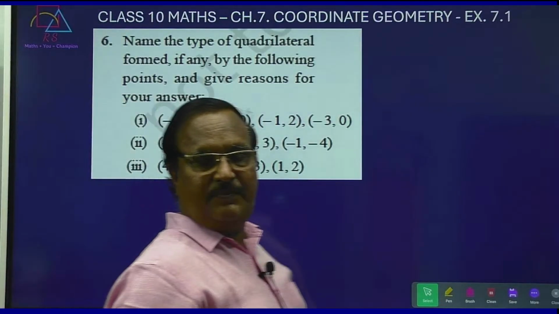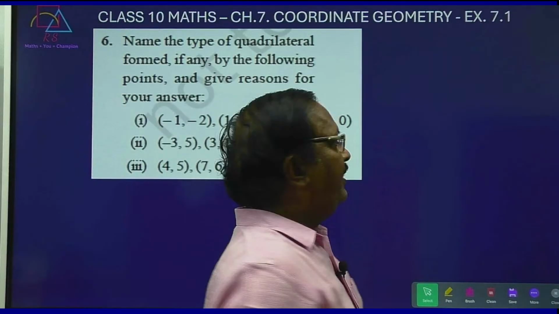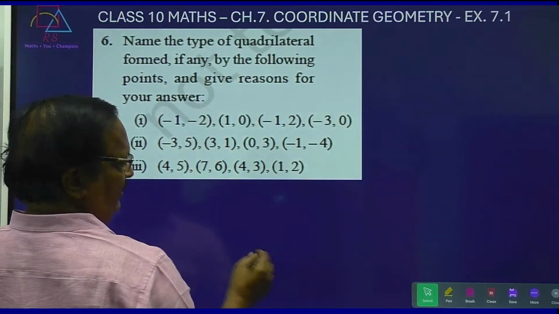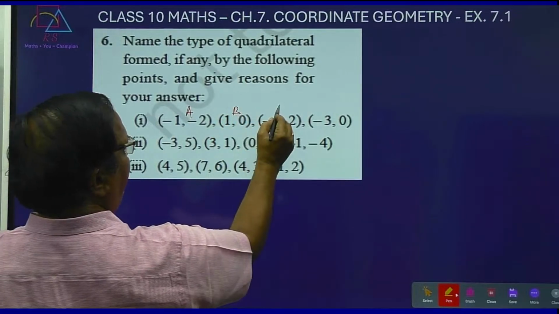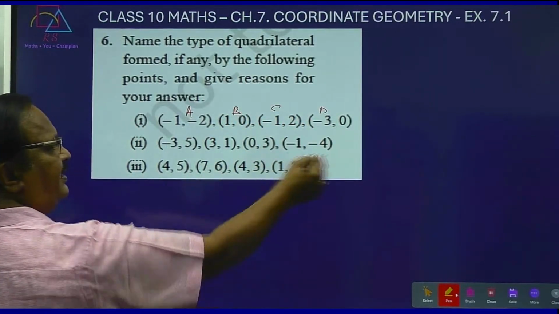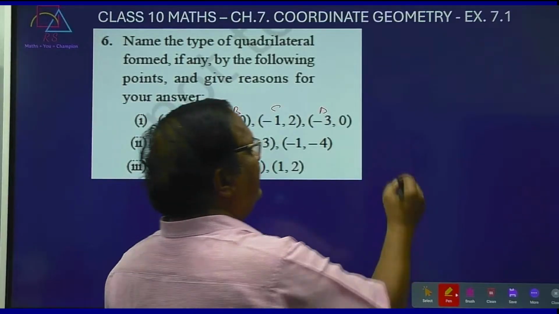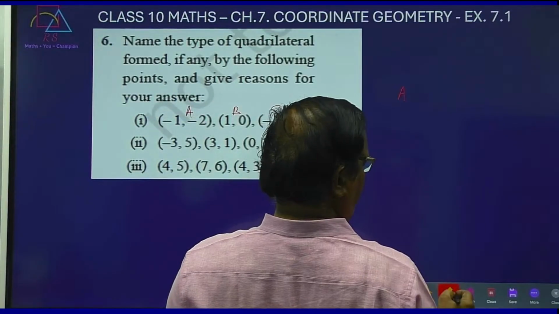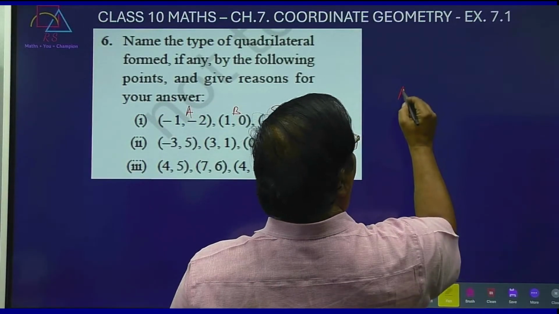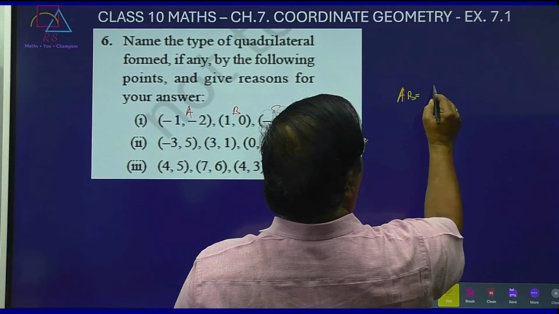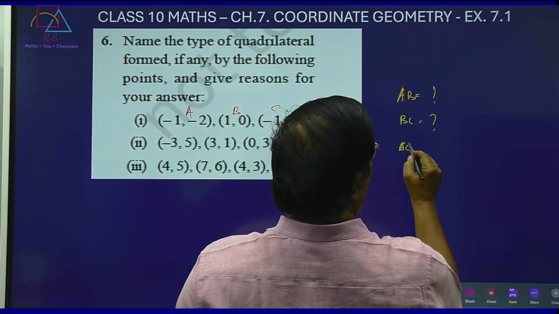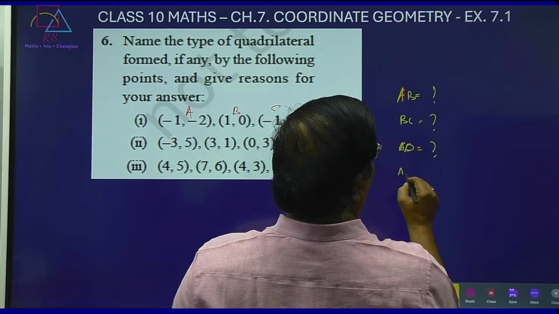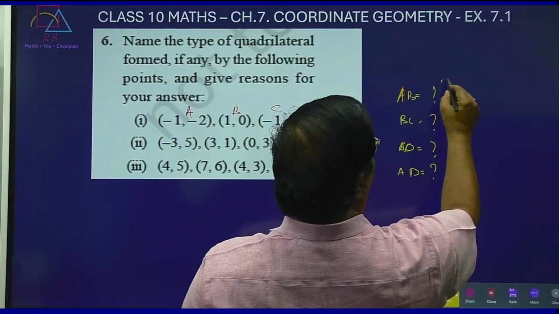That means A, B, C, D, you have to label it like that. You find out AB, find out BC, find out CD and find out AD. These are the 4 sides.